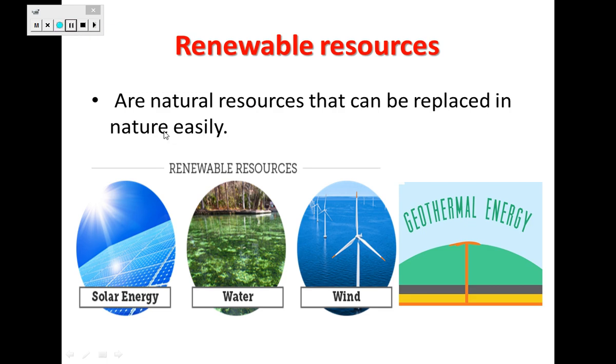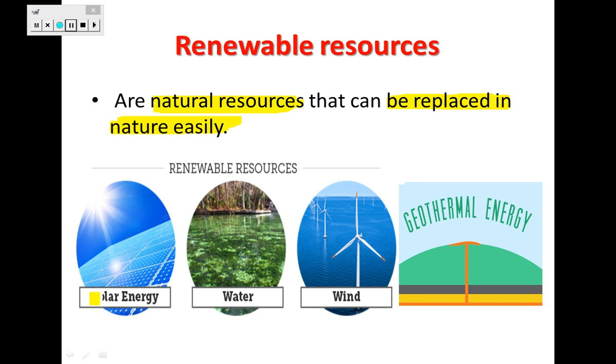Renewable resources are natural. That is not in your book, but I'm just reminding you. Renewable resources are natural resources that can be replaced in nature easily, which means they will not finish, such as the solar energy, the energy coming from the sun.